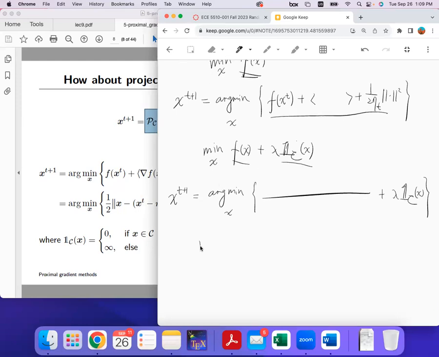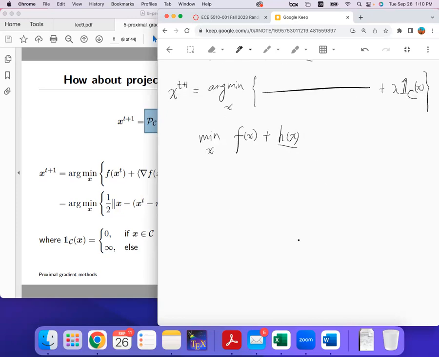So once we go to this more general formulation of the composite optimization problem, this regularizer is not necessarily the indicator function. It could be any other arbitrary convex regularizer, which may not be differentiable.